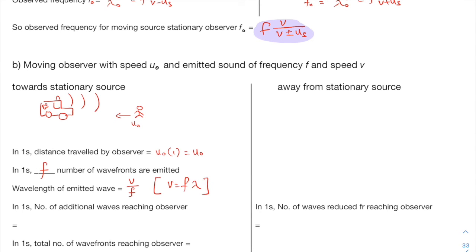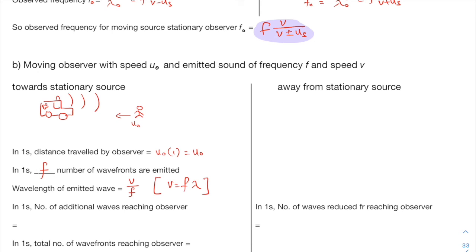So in 1 second, the number of additional waves reaching the observer. Remember, if the observer is stationary, f number of waves would have reached the observer in 1 second. But now the observer is moving forward towards the source, so there are additional wavefronts reaching the observer as a result of him moving forward.